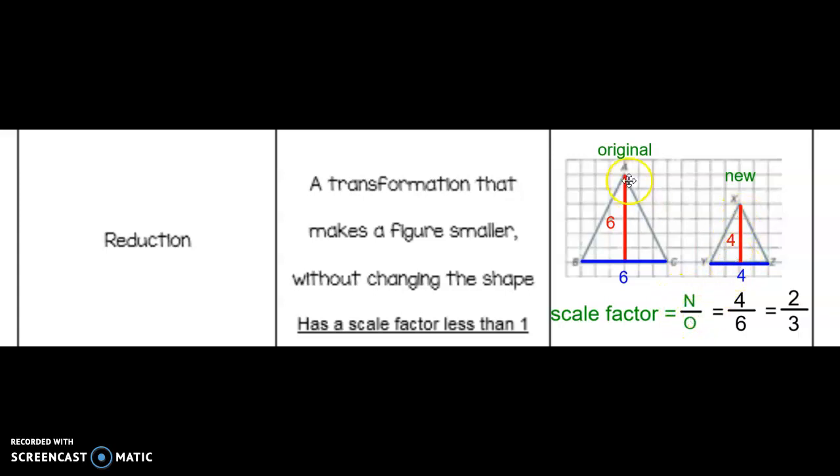We can do this with one side length because they're the same for both. My new 4 divided by my original 6. We get 2/3. So my scale factor was less than 1, which is why my image got smaller. It is a reduction, or our figure was reduced.